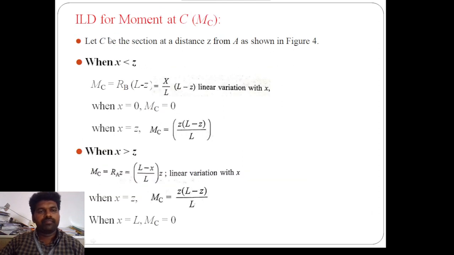So ILD for moment at C. Let C be the section at a distance Z from A, as shown in the figure. When X is less than Z, MC equals RB into L minus Z, equals X by L into L minus Z, a linear variation with X. When X equals 0, MC equals 0. When X equals Z, MC equals Z into L minus Z by L. When X is greater than Z, MC equals RA into Z, that is L minus X by L into Z, a linear variation with X. When X equals Z, MC equals Z into L minus Z by L. When X equals L, MC equals 0.